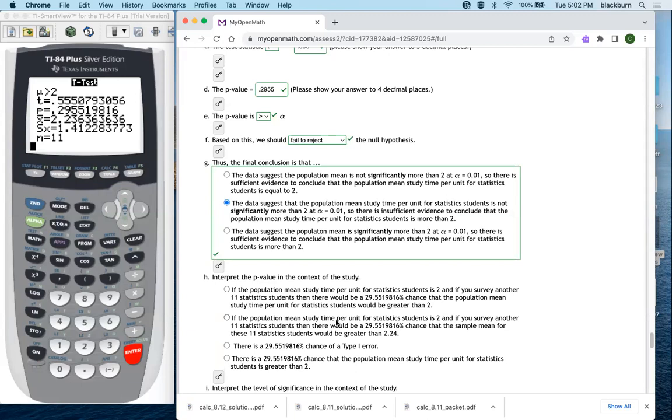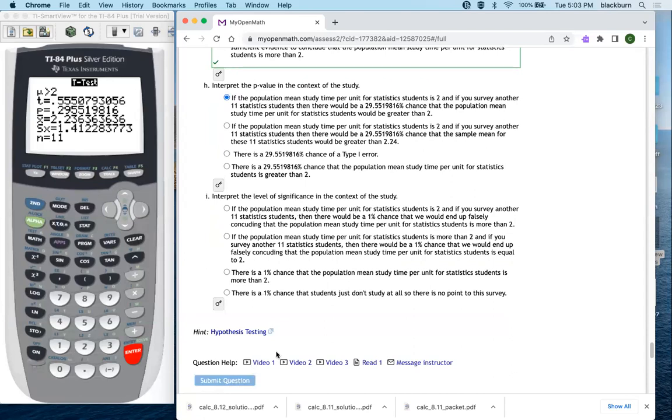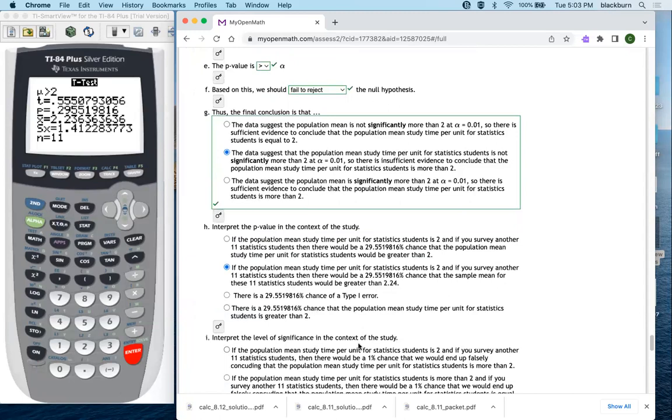The other one talks about 2.24: if the population mean study time is 2 and you survey another 11 stat students, there's a 29.55% chance that the mean is greater than 2.24. They're talking about this X bar up here, 2.24, but really it's going to be the first one, because we're talking about testing against that 2. Oh, I got it wrong. So therefore it's the second one: a 29.55% chance you're going to get a mean greater than 2.24.